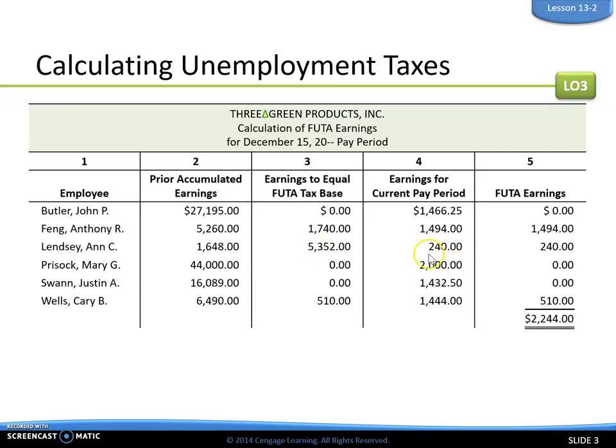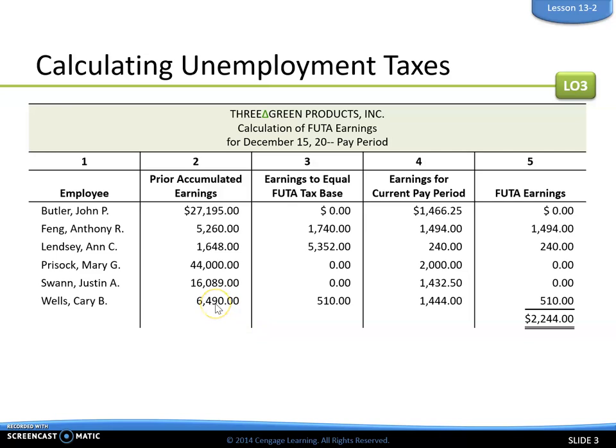Now, Anne only earned $240 for this pay period, so therefore we can only tax $240 of her earnings for unemployment taxes. When we look at Mary and Justin, both of them have already surpassed that $7,000 tax base. So therefore, we can't tax any of their earnings, even though they have earnings from this pay period. We are not going to tax any of those earnings.